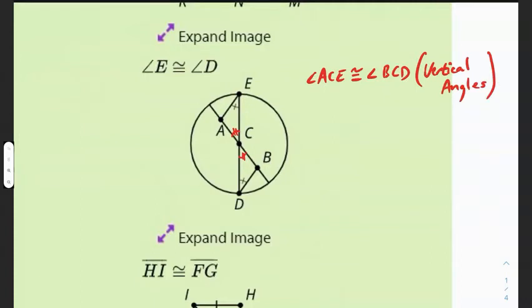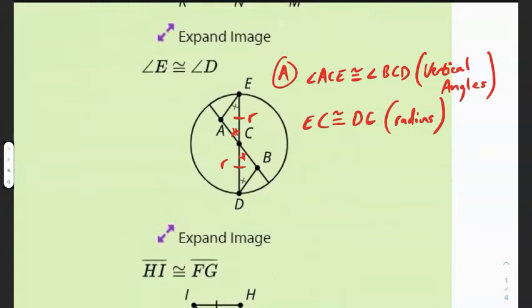Okay, so that's a pair of angles, right? EC is the radius of the circle, and so is DC. So EC is congruent to DC. That's because they're the radius of the same circle, right?